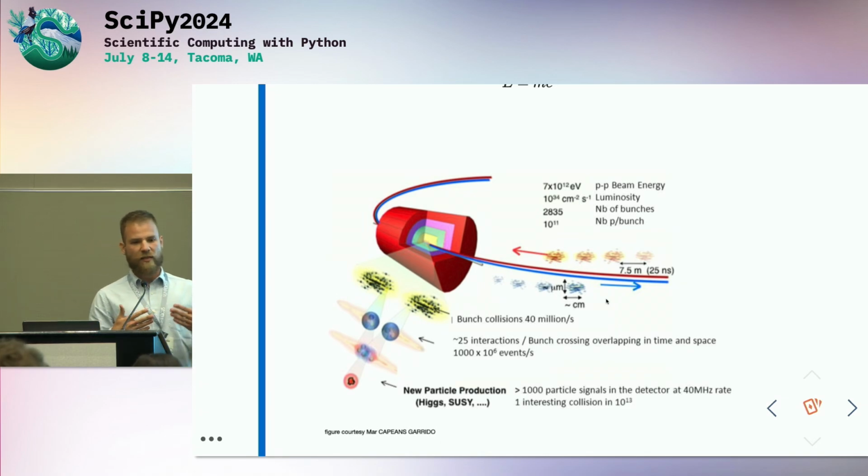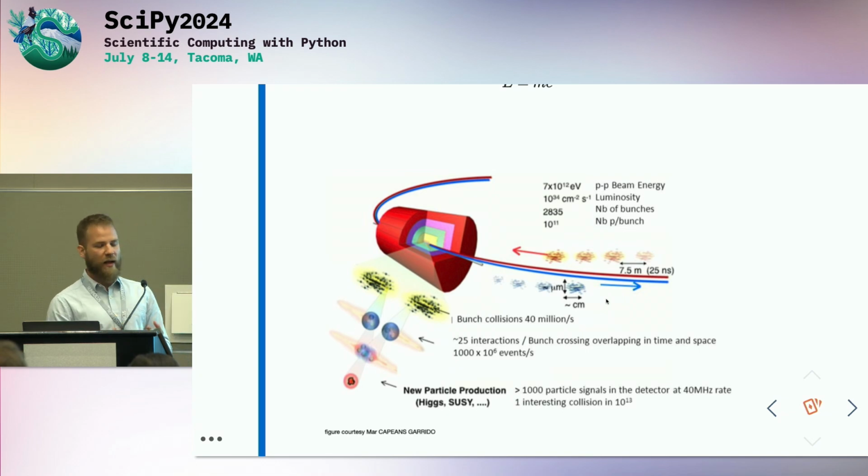Actually it's not just proton on proton, it's usually bunches of protons with bunches of protons. In each of these 40 million interactions per second, we have about 25 or 30 protons crossing each other. So it's a very dense environment with a very high data rate, and that's why you need sophisticated analytics to do this.